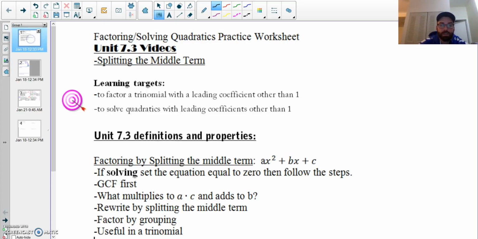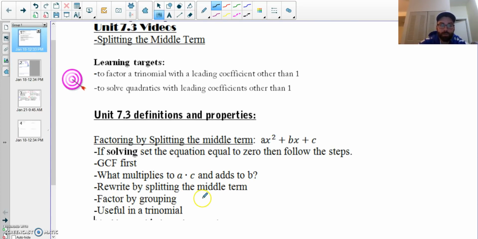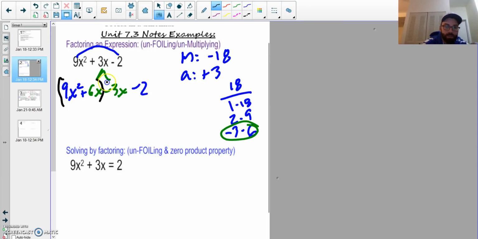Next thing my step was factor by grouping. I have 4 terms. I can do 2 by 2 grouping here. Looking at the greatest common factor between 9x squared and 6x, which is 3x. 9x squared divided by 3x is 3x, plus 2.